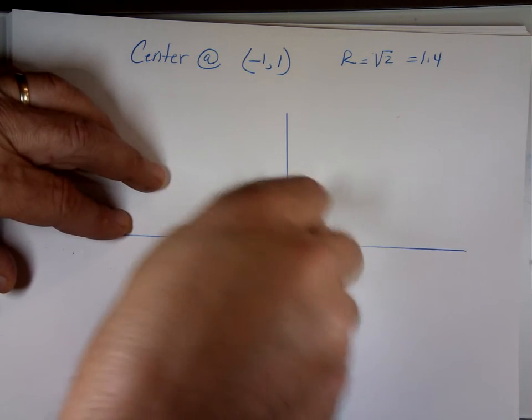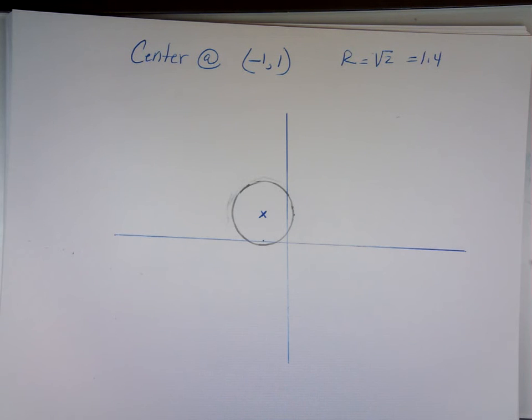And that's the graph of that circle. The center minus 1 and 1, and the radius is 1.4. So we have to complete the square for them to be able to solve these problems. I'll try another one.